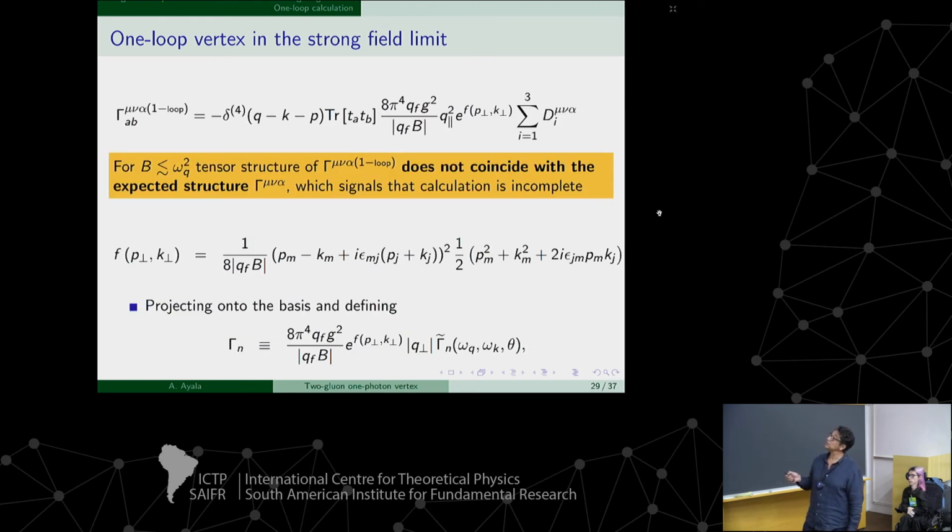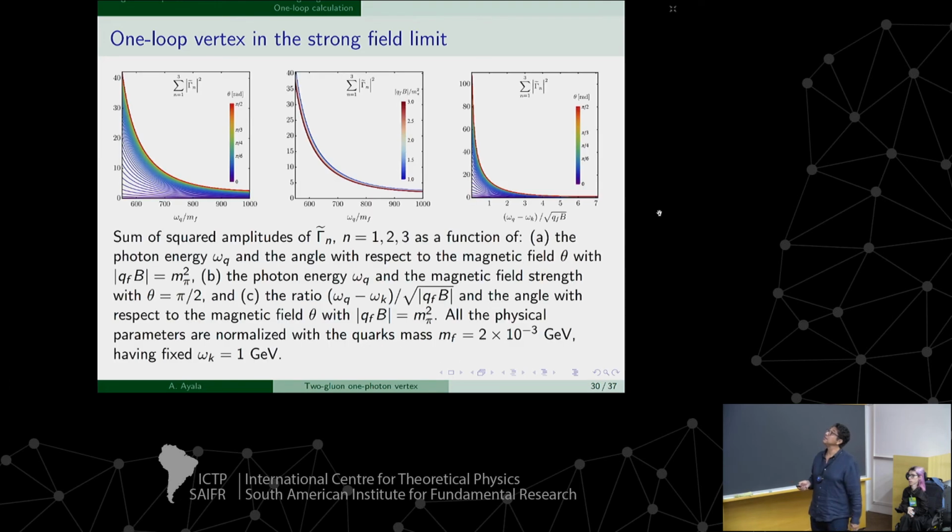The results of this one loop level calculation can be written in this way. There is a prefactor here, and there is, of course, the tensor structure. What we did was to reduce this, in other words, just introduce notation, and we project this tensor structure that we get explicitly from the one loop calculation into the basis that we proposed, and this is the result.